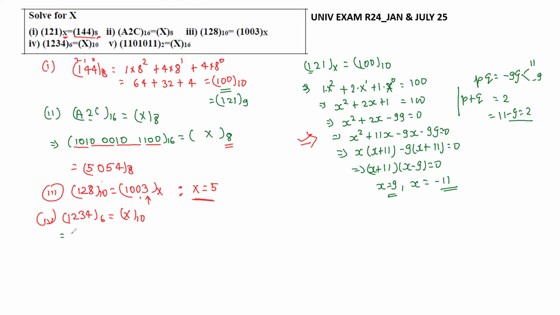This can be written as 1 as the coefficient times 6 to the power 3, plus 2 times 6 to the power 2, since the radix is 6, plus 3 into 6 to the power 1 plus 4 into 6 to the power 0. If any coefficient is 0 and you don't write it, that's not a problem. So finally if you simplify this, you are going to get 310. So this x value will be 310.